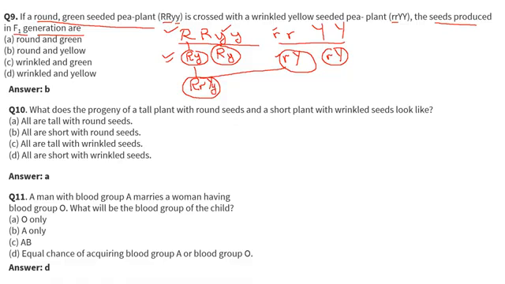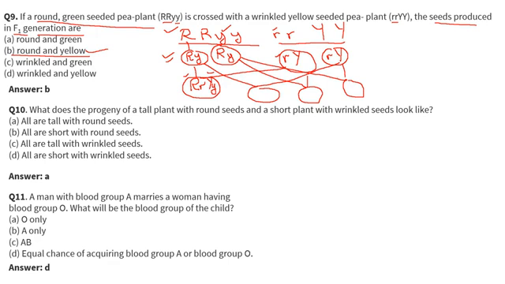And if you cross with the other also, you get the same result. Here also the same result, and even the fourth one, the same result, right? So I am getting seeds which are round and yellow. So round and yellow is the correct answer.